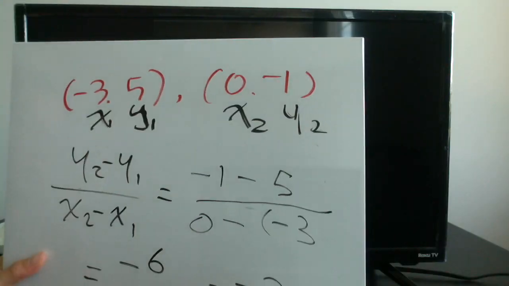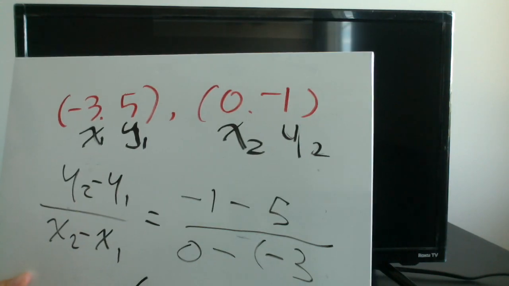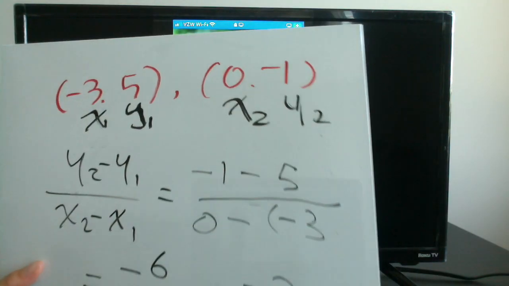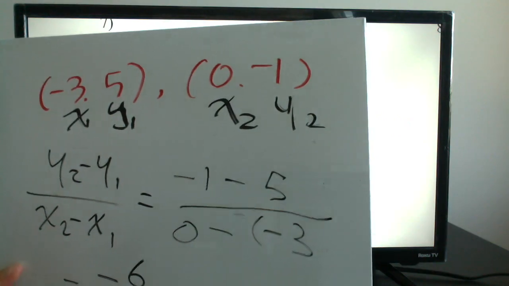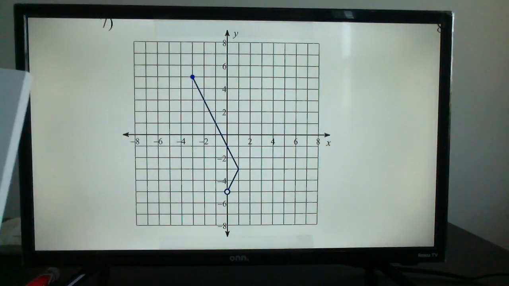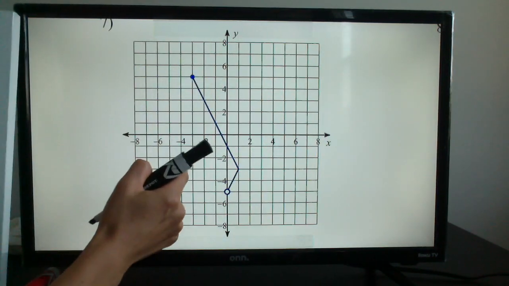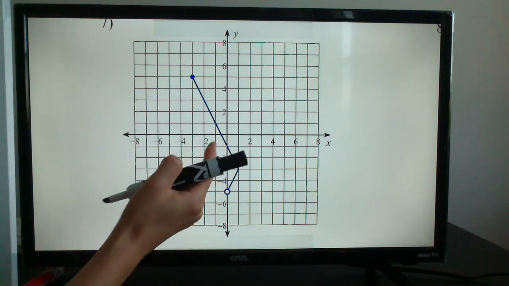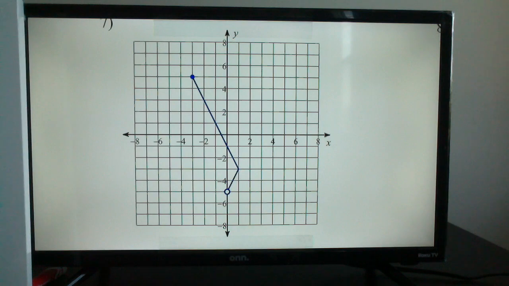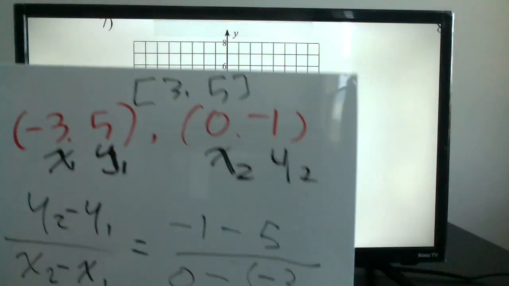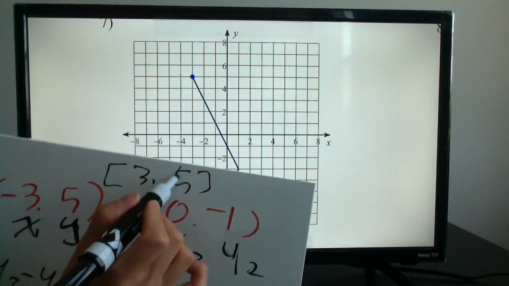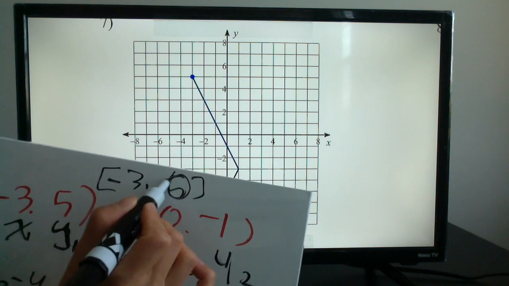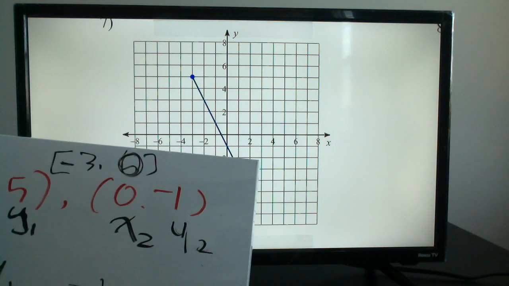Okay, so it's negative 2. Is it the correct answer? Let's double check. So (-3, 5), (0, -1). Because I was asking -3 to 0, right?